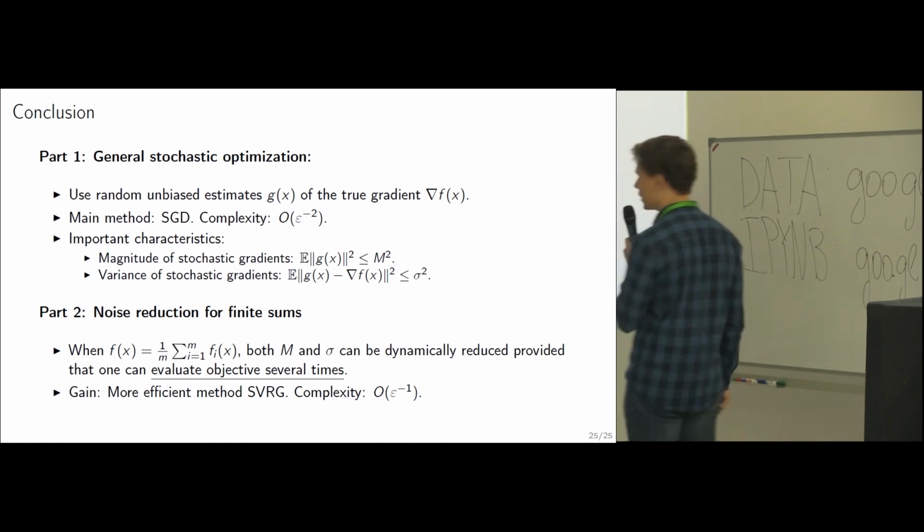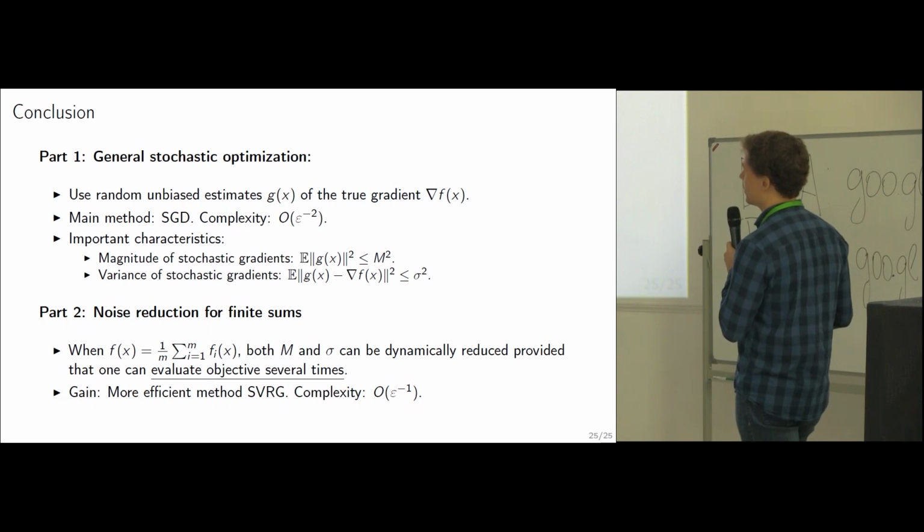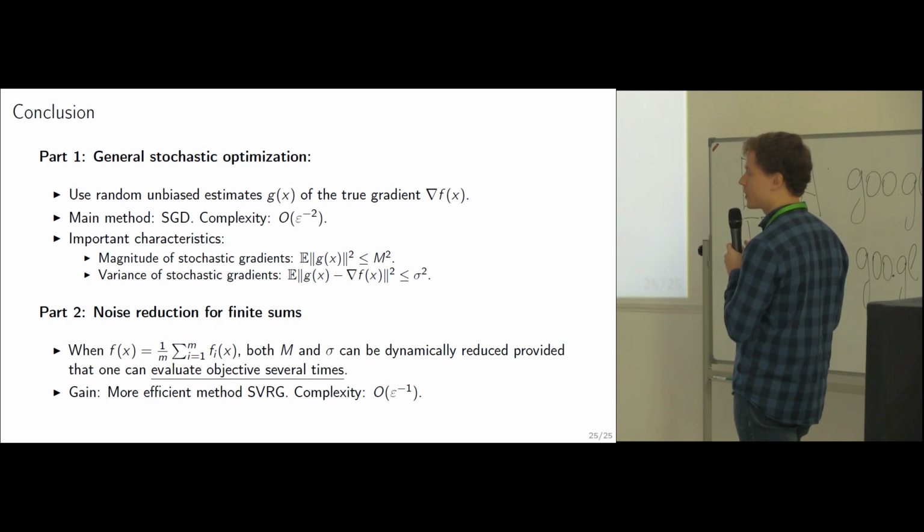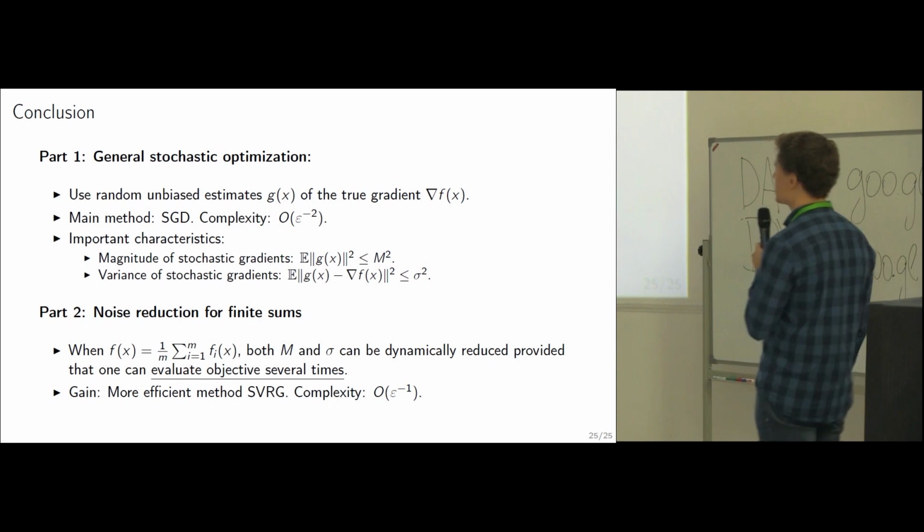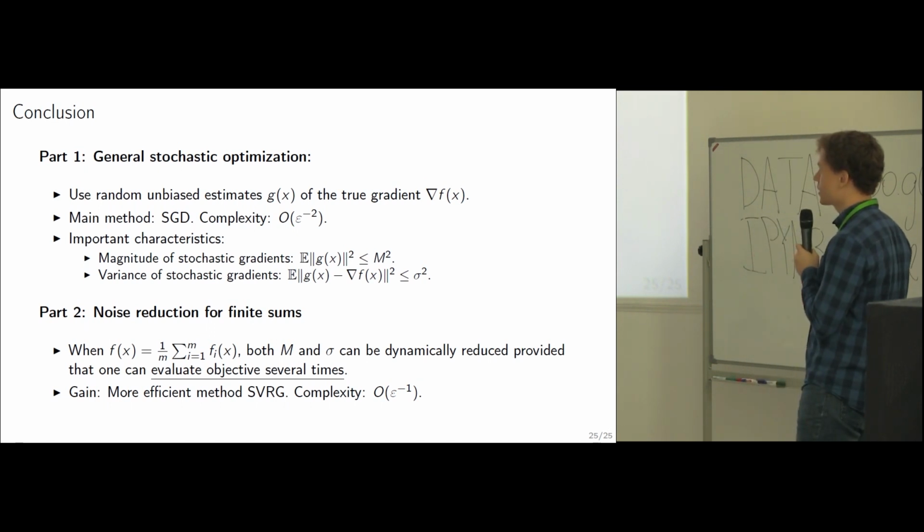And not very large means that we are able to compute this function and its gradient at least one time. So remember that, in the SVRG method, we modify the stochastic gradient by using the true gradient of this function, and we computed it exactly.